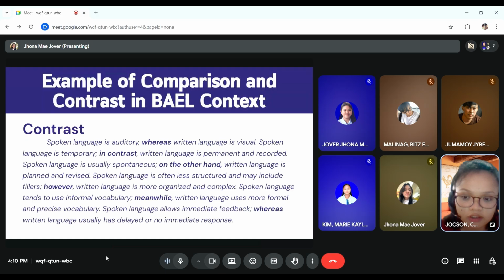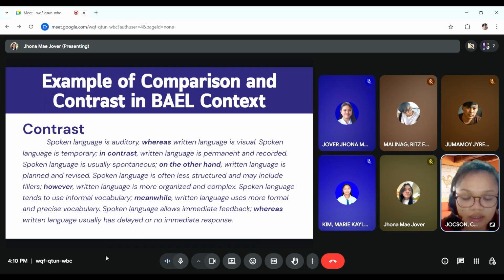Okay, so for contrast, again, I've mapped out a paragraph so that you can see the example in action. So spoken language is auditory, whereas written language is visual. Spoken language is temporary. In contrast, written language is permanent and recorded. So spoken language is usually spontaneous. On the other hand, written language is planned and revised.